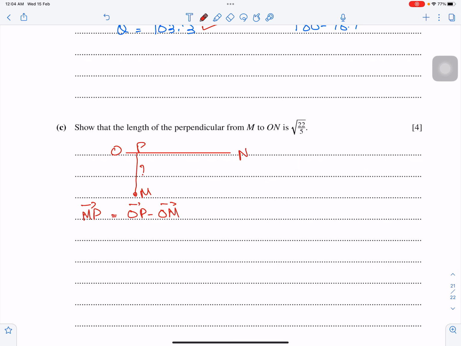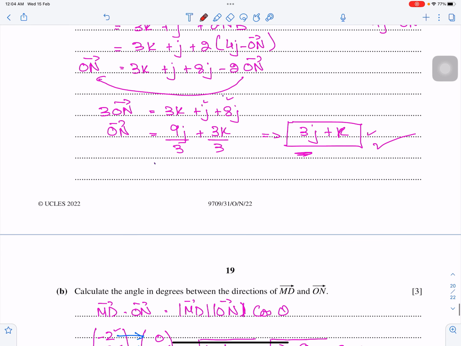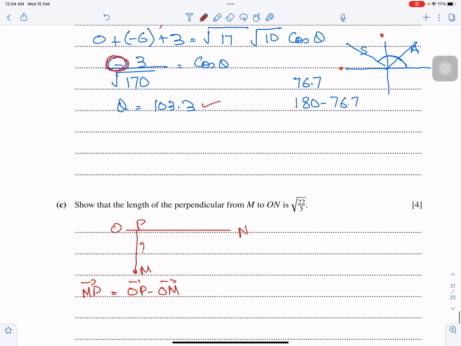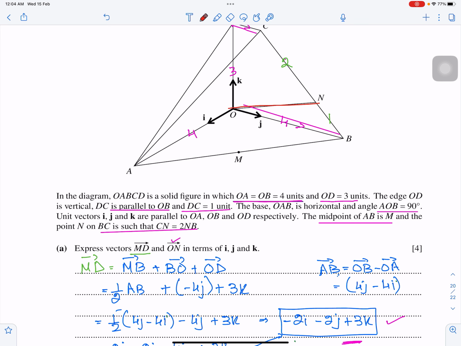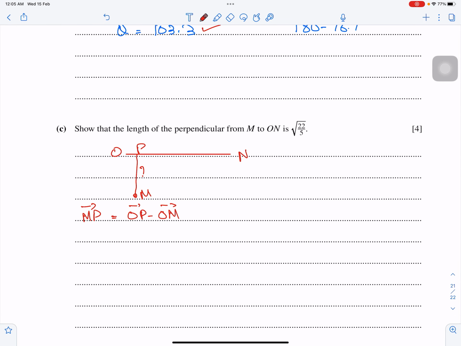Okay, now OM you have already calculated here, if I'm not wrong. No, you have not calculated. You will have to calculate OM. So let's see from the diagram here. This is OM, right? So I can take what route? I can take OA plus AM to calculate OM. So let's calculate OM first, then I will come to OP also.